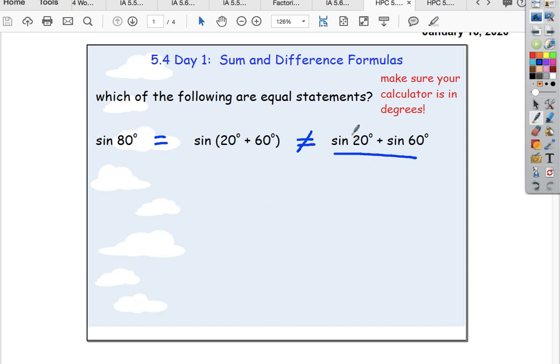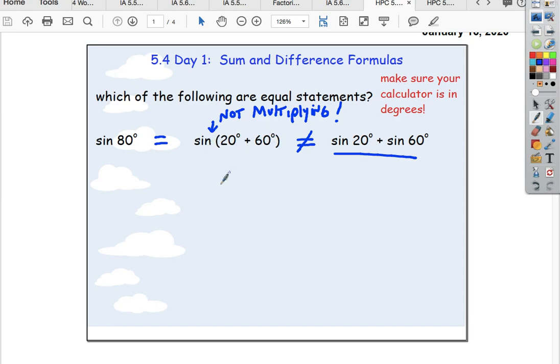What happens when people think that this works is they think that you can distribute sine through, so they think you can do sine of 20 plus sine of 60. And distributive property does not work because you are not multiplying. So we are not taking sine times 20 degrees plus 60 degrees.